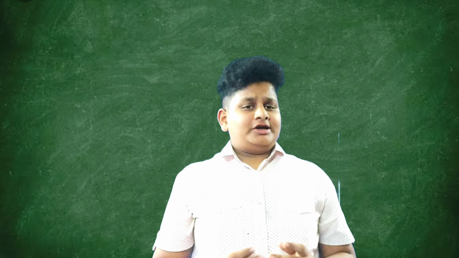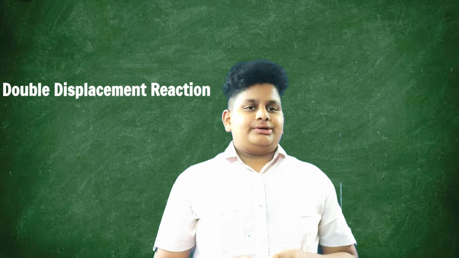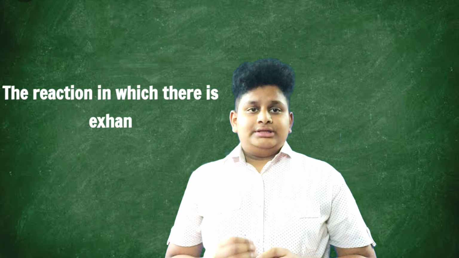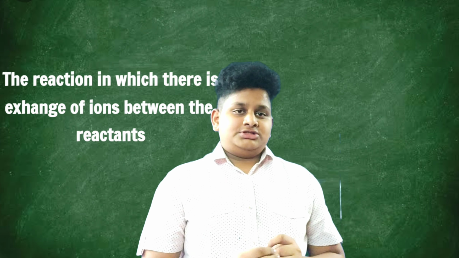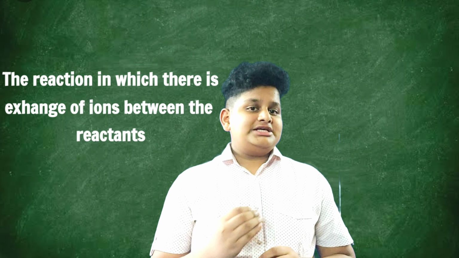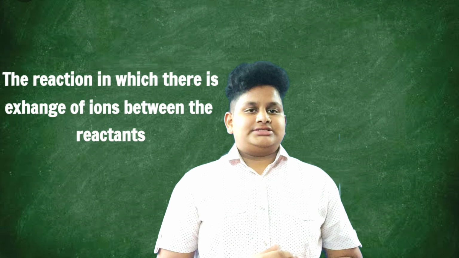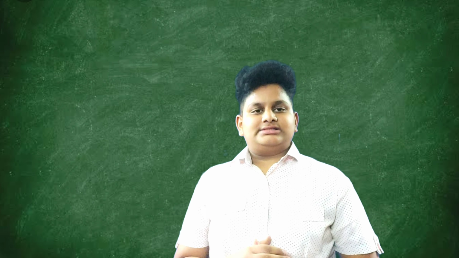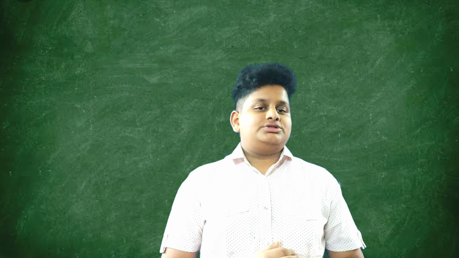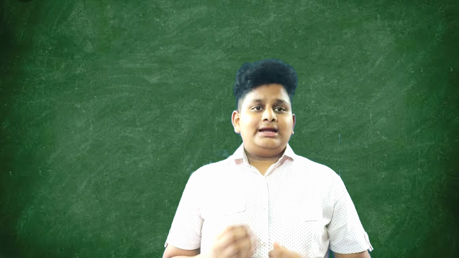Now let us see what is double displacement reaction. The reaction in which there is an exchange of ions in the reactants is known as double displacement reaction. This is the reactant side. Let's see this with an example.